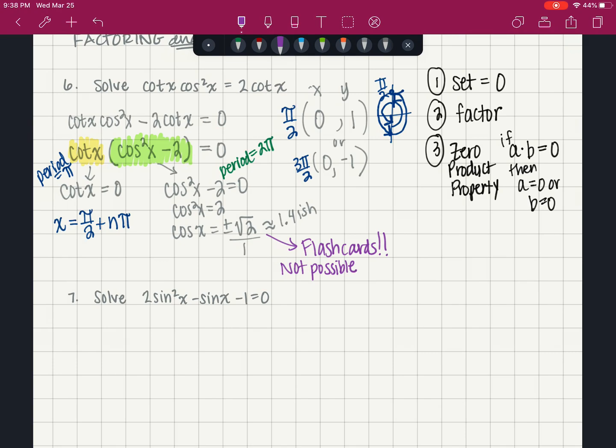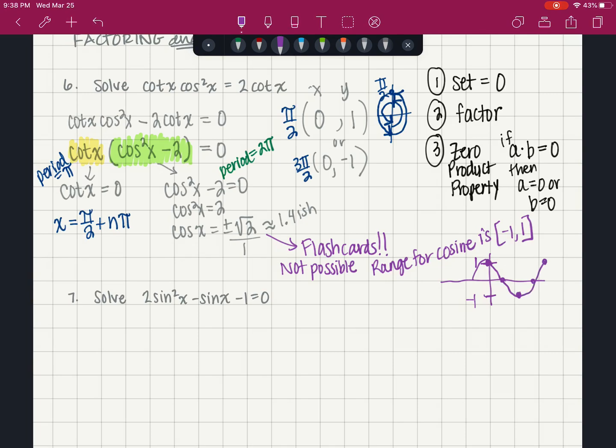The reason being is the range for cosine is -1 to +1, and the square root of 2 is outside of that range. Think about your graph. Cosine goes as high as +1, as low as -1. Starts at the max, ends at the max, halfway between it's at the min, right?